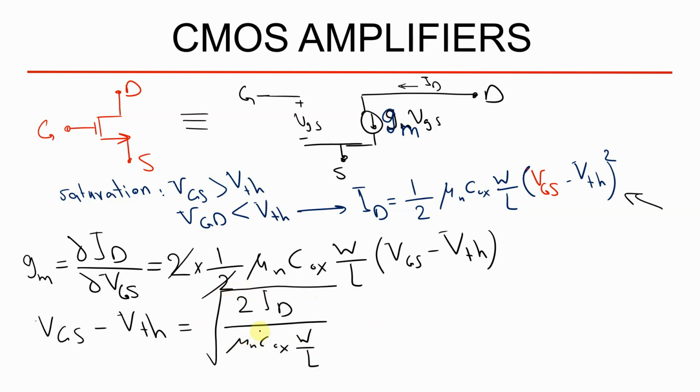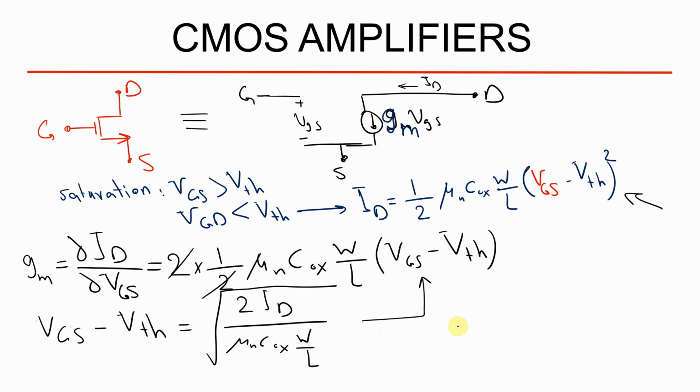So we have this. And if I substitute this VGS minus V threshold into this formula, I can get a second formula for gm.